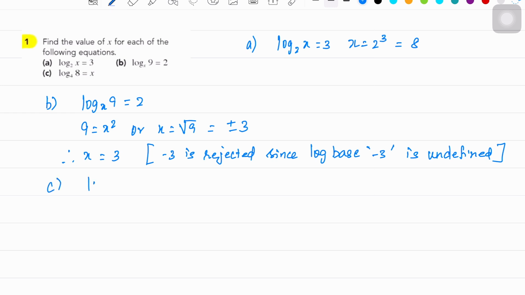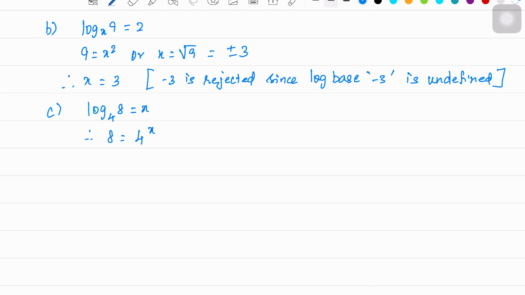Log base 4 of 8 equals x. Therefore 8 equals 4 raised to x. And how can we do this? Now 8 can be written as 2 cubed, equals 2 squared whole power x, because 4 can be written as 2 square and whole power x, and 8 can be written as 2 cubed.